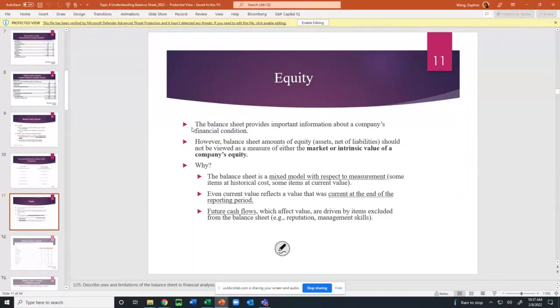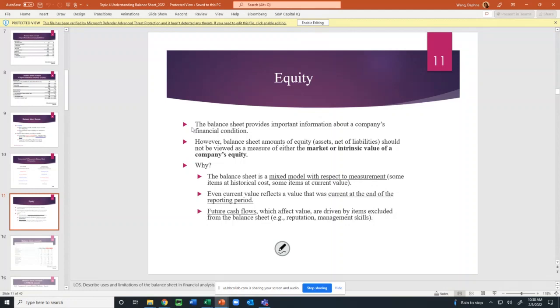It's what investors are willing to pay per share for your company. Okay? So a lot of times, market value of equity is higher than the book value of equity. Also this market value of equity can change almost every day, because the stock price changes almost every day, every minute, right? So it can never be fixed.